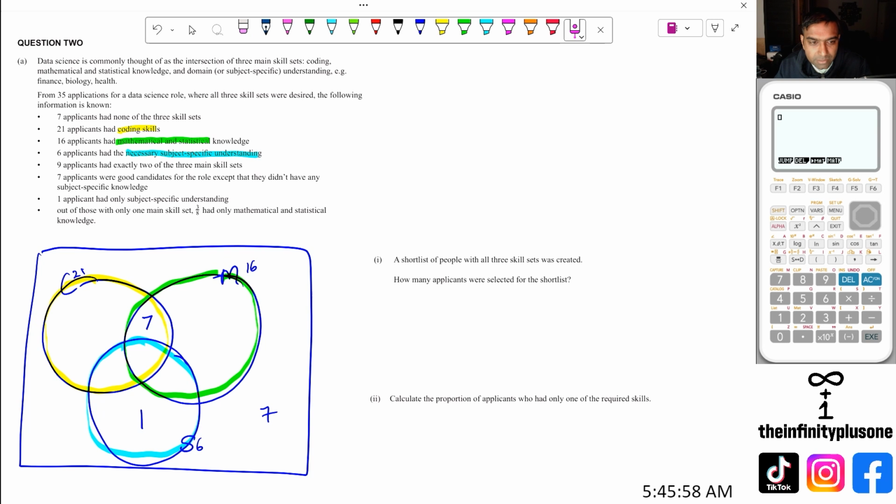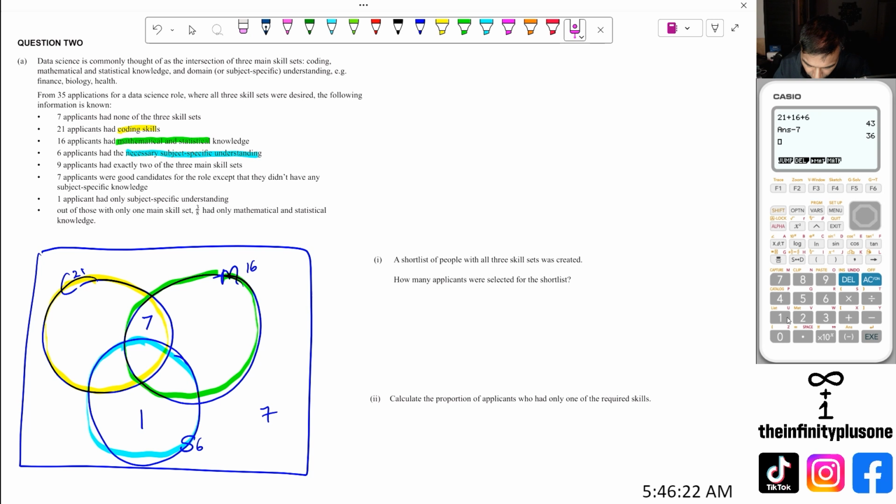That pink area is, if we add it up, 21 plus 16 plus 6. That's 43, right? But if you actually look at it, the pink area is 43 minus the 7. So it's actually 36. So that's 36 people inside that pink area.